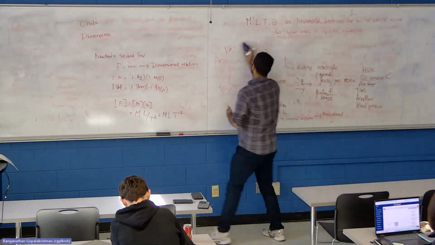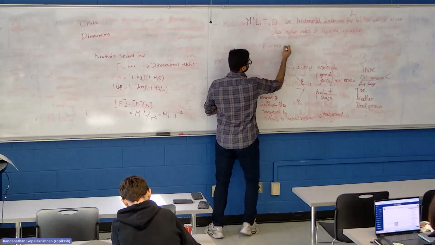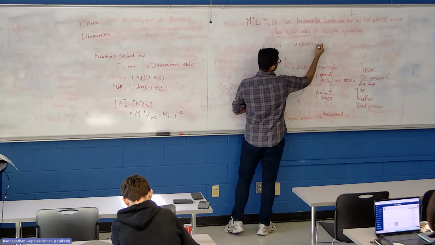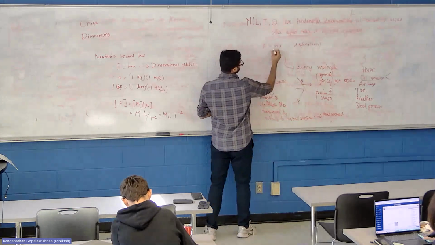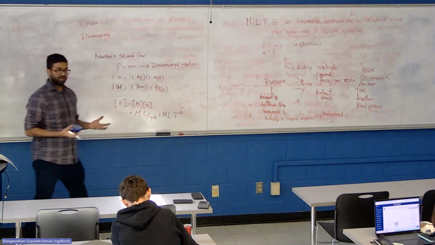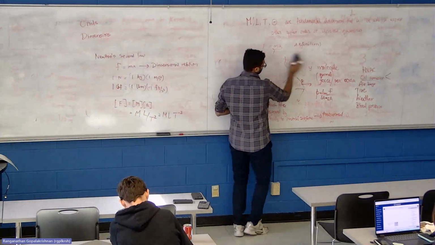What is a derived quantity? Something like force equals mass times acceleration is a definition for force. So if you know the dimensions of the right side, you can write the dimensions of the quantity being defined. Okay, let's do some examples.